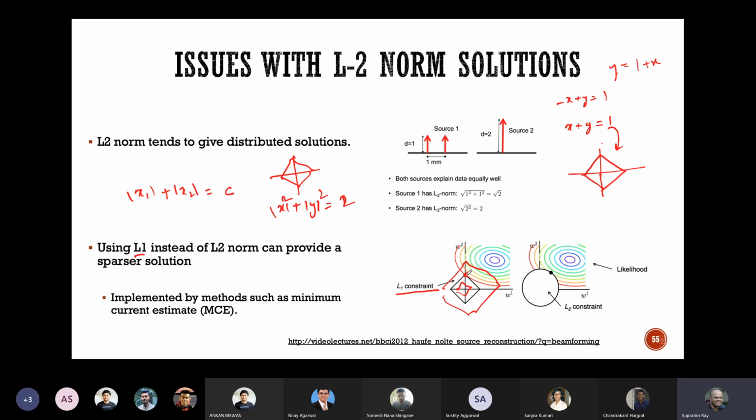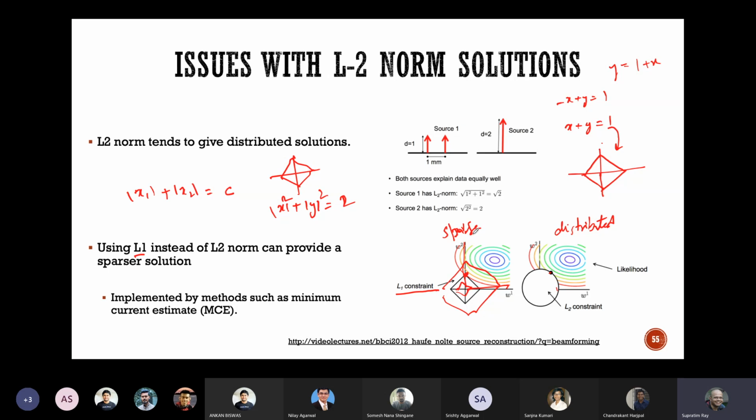Okay, so for an L1 norm, you tend to intersect either on this axis or on that axis. If you put an L2 norm, you will always intersect where it sticks out like this, where both are non-zero. So this gives a distributed solution. This gives a sparse solution.